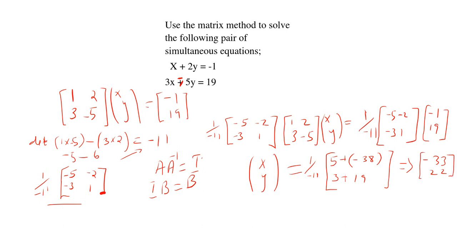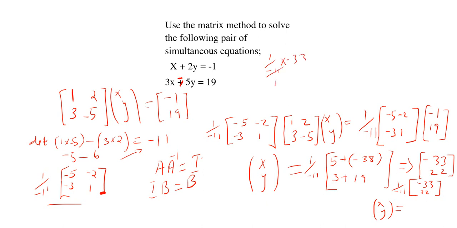So now we multiply our 1 over negative 11 with negative 33 and 22. So when you multiply, you shall get xy being equal to 1 over negative 11 times negative 33.